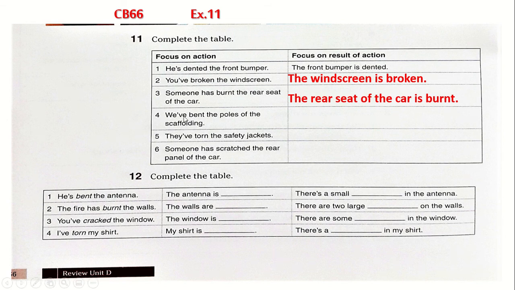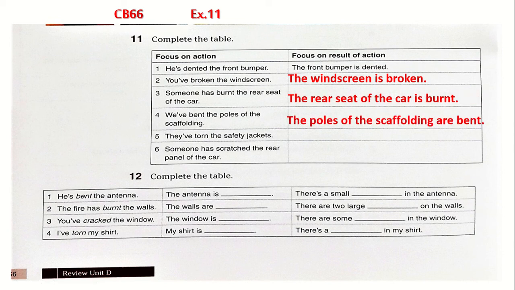Number 4, we have bent the poles of the scaffolding. Where is the object المفعول به the poles of the scaffolding? So we start with the poles of the scaffolding. The poles is plural, so we use are, then we use bent, the past participle.